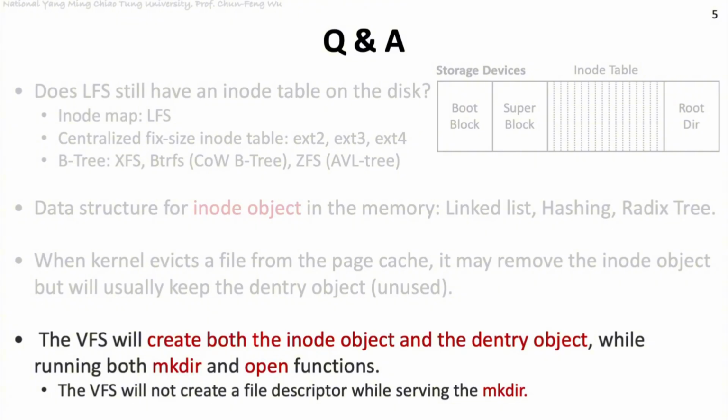It is not about opening a file, and the file descriptor is only used when you interact with an open file. This is a little bit tricky, because mkdir doesn't really open anything. It creates a new directory.